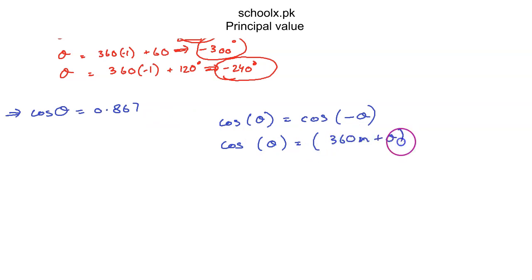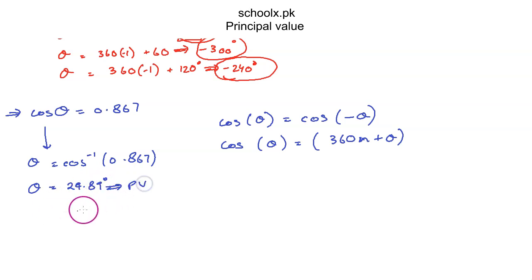So if I do theta equals cos inverse of 0.867, I'll get theta equals 29.89 degrees. Now this is the principal value of the angle theta.